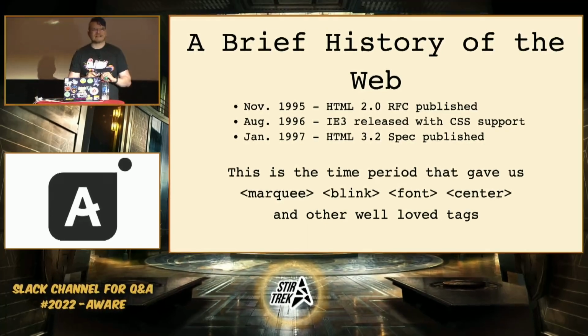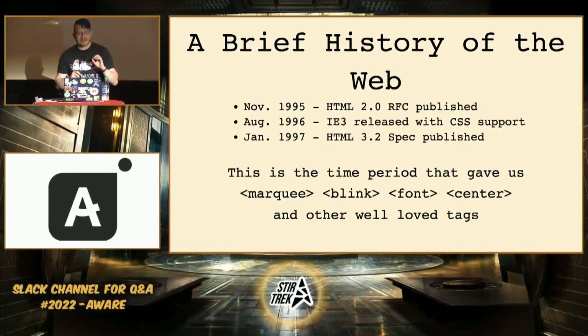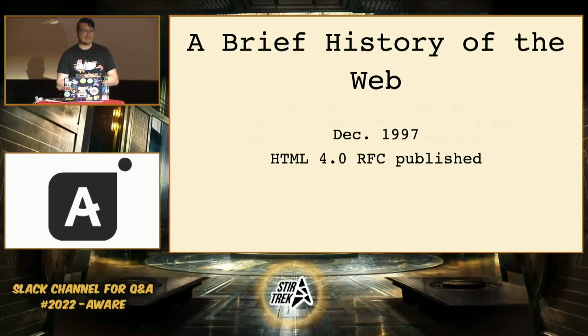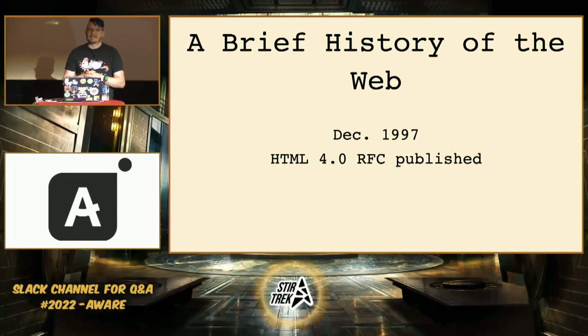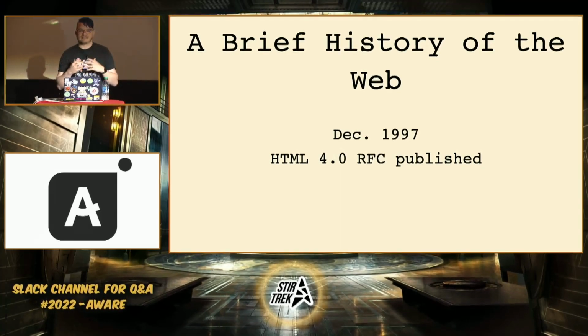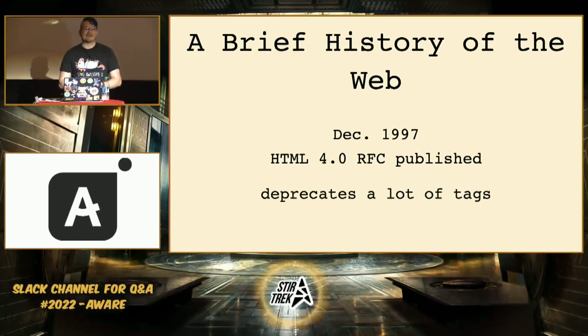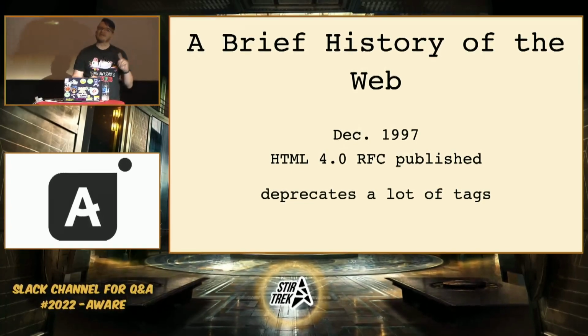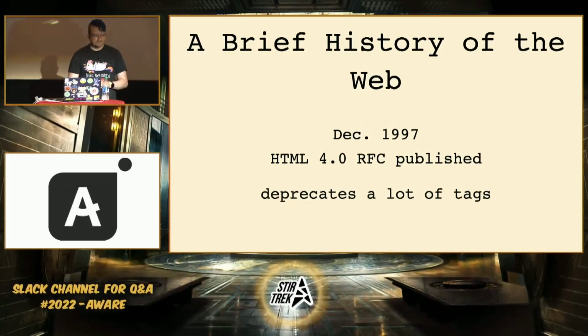So the standards bodies come in, and in December of 1997, so less than a year later, they release the HTML 4.0 RFC. This is sort of the initial publication of that. And in that, they get rid of all of those tags that we really like: marquee, font, center, all sorts of stuff. They're like, use CSS, don't use these.